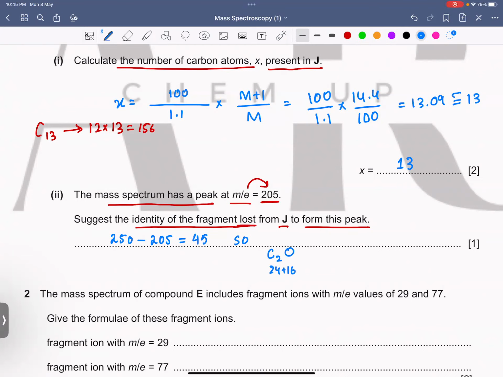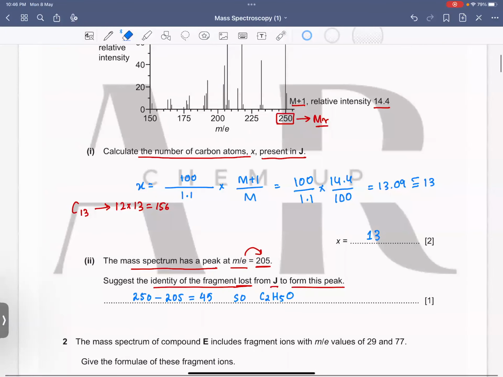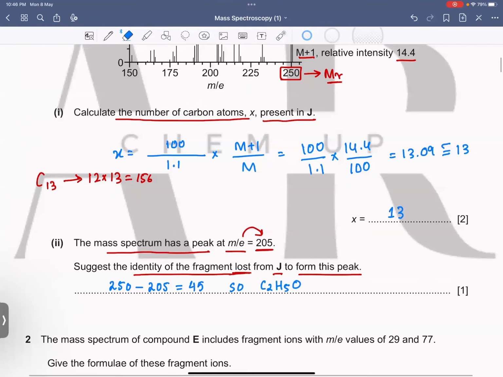So that equals 40, which means 5 hydrogens are left. So I can write that the fragment that is lost is C2H5O, because its Mr comes to 45. Is this clear? If anyone has confusion, do ask.